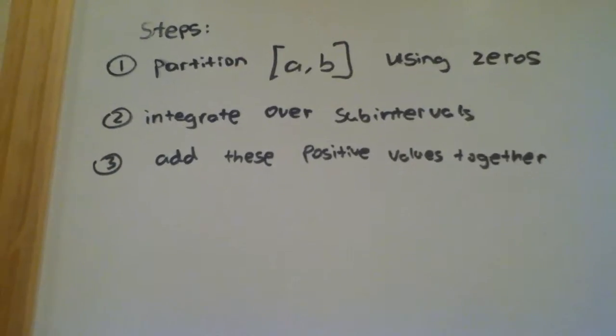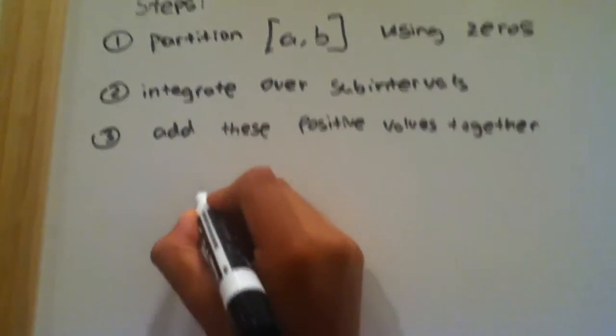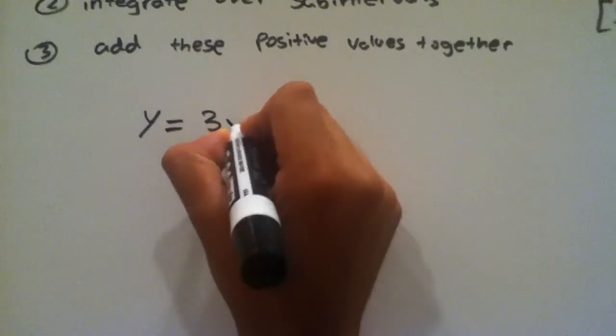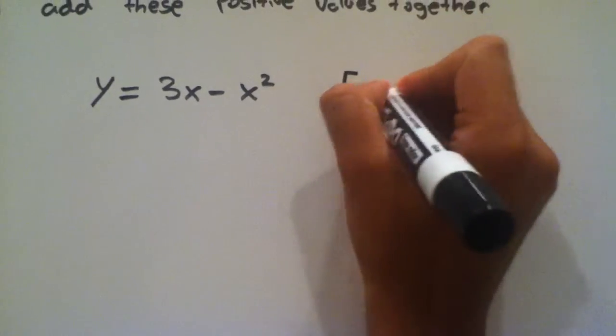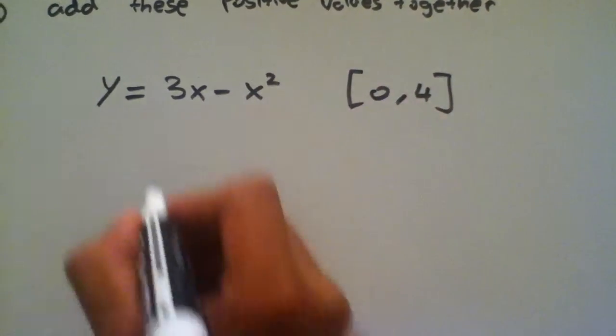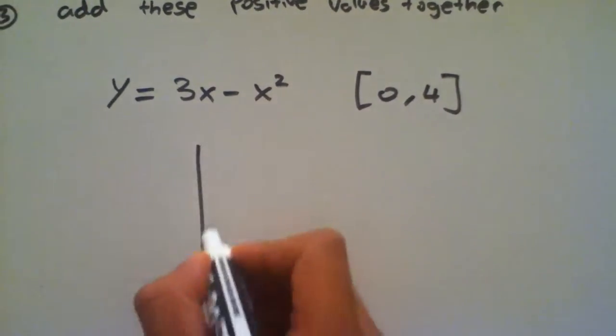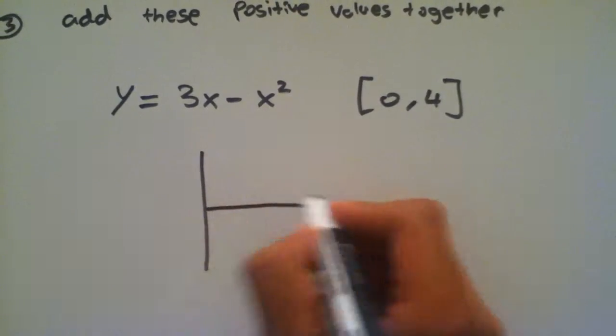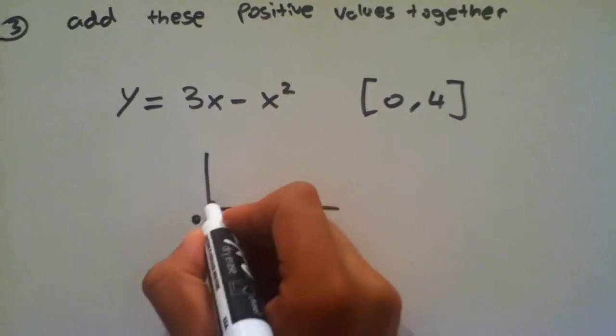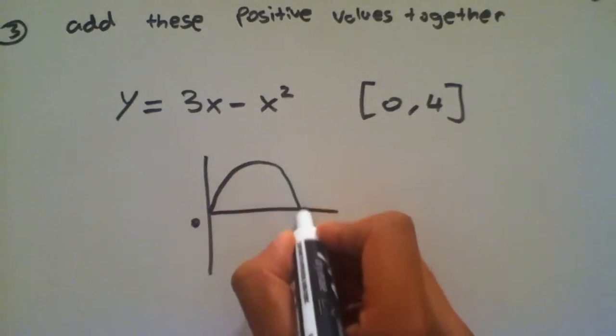So let's try an example. Let's say you have y is equal to 3x minus x squared over the main interval of 0 to 4. So the graph of this looks something like, here's 0, goes like that, and then just goes down.